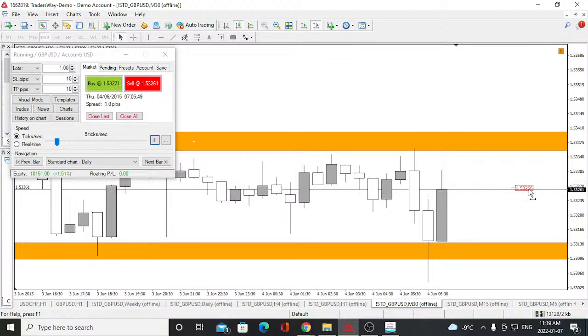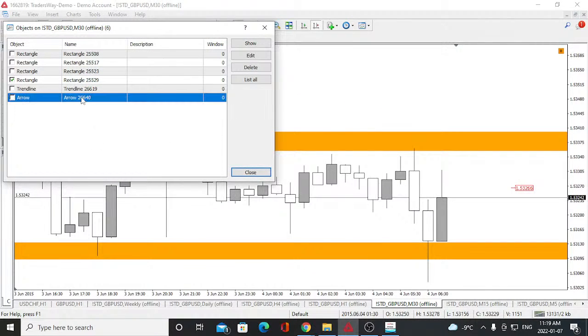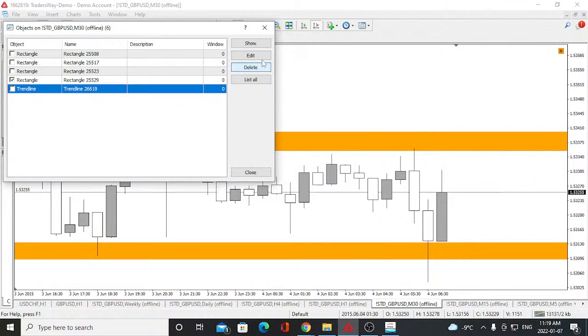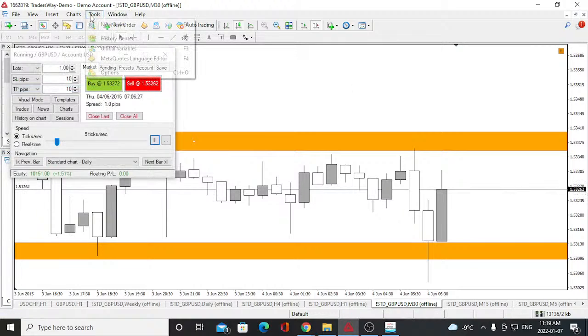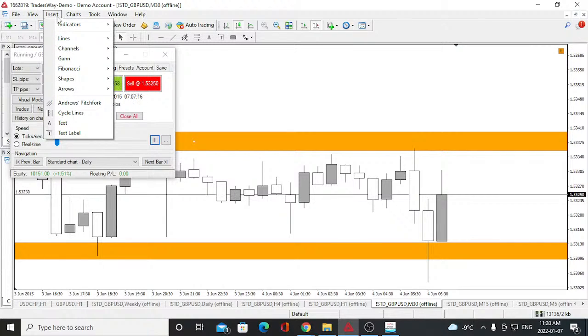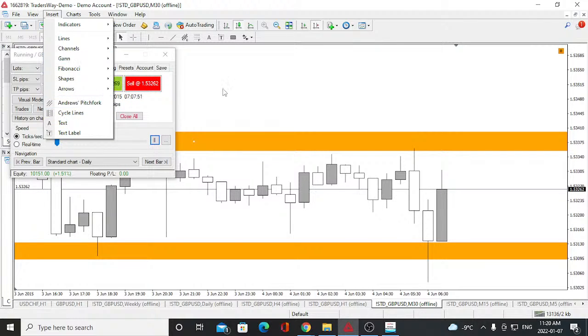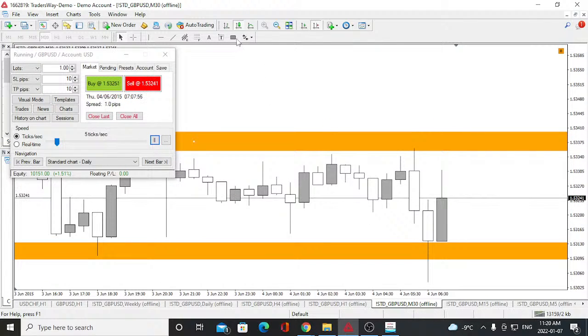So this just doesn't disappear? Oh, okay. Object list, arrow, delete. Tools, charts. I know there's insert, shapes, triangle, no arrows. Oh, okay. Well, nonetheless, I'll just draw it out with this triangle here.